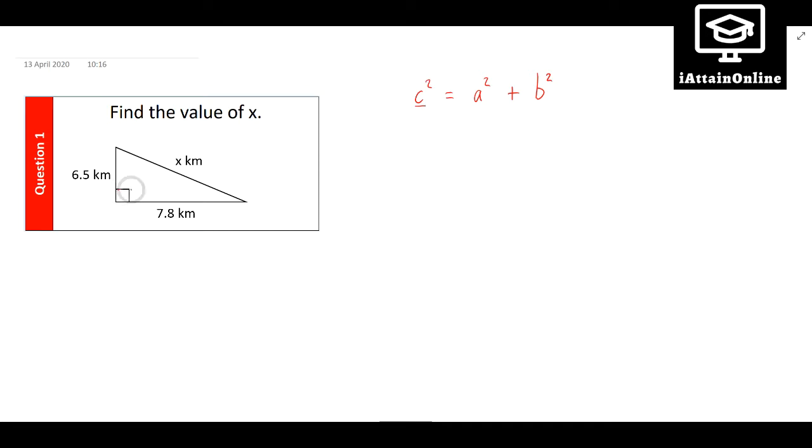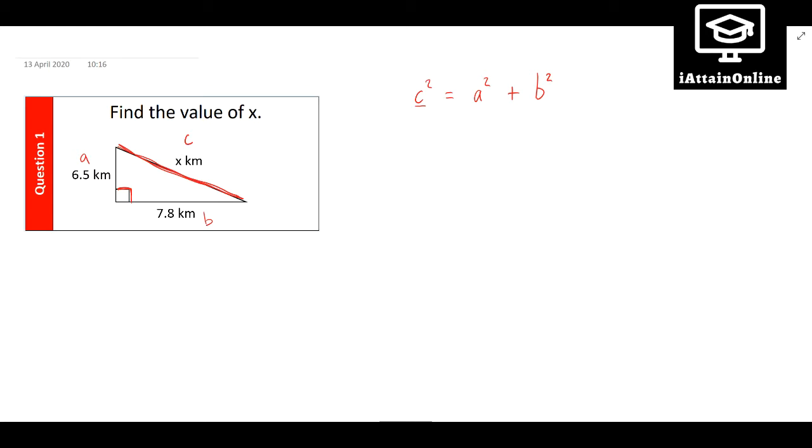Now remember, I said that wherever the right angle is, the side opposite that, that's not attached to that right angle, is the hypotenuse. So we are going to label this side C. Now it doesn't matter which way round the other two sides go, but we could do the 6.5 as A and the 7.8 as B, but you could equally do the A and B the other way round.